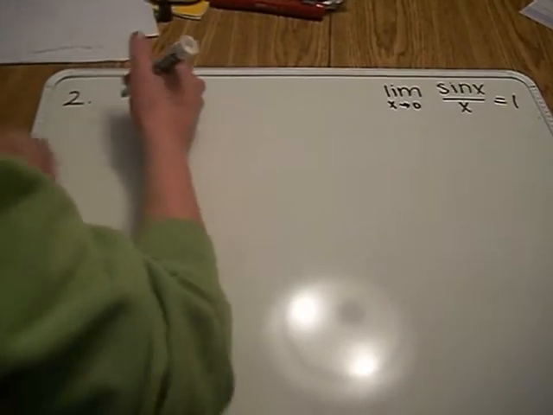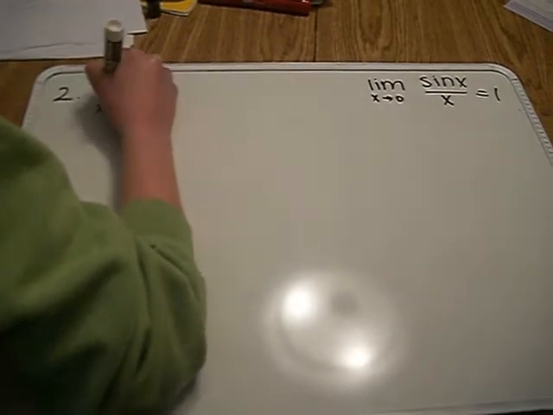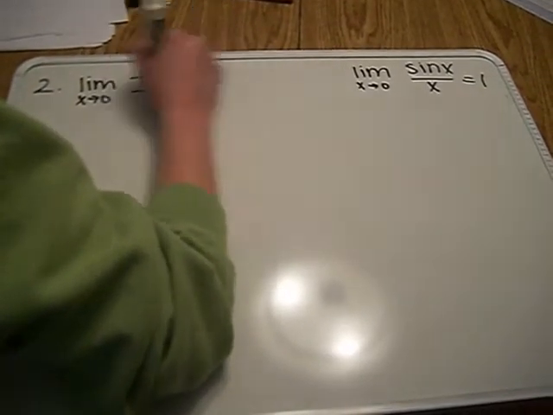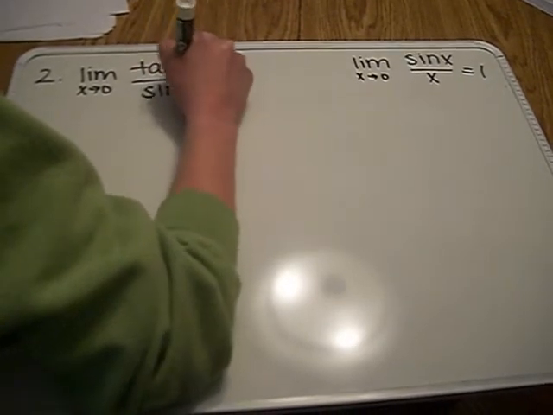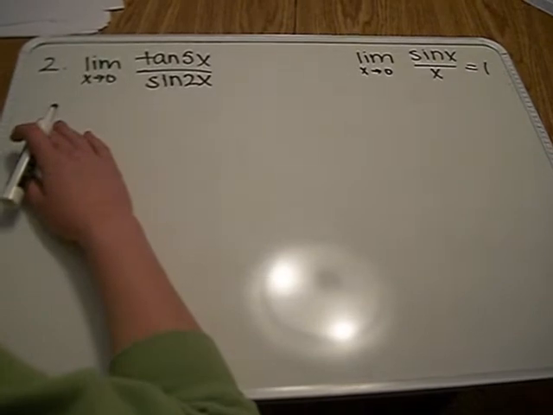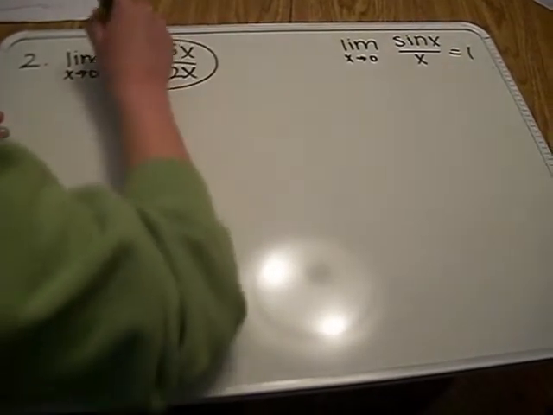Alright, our second problem is the limit as x approaches 0 of the tangent of 5x over the sine of 2x. You might look at this and be a bit bewildered, but let's take this one step at a time. First of all, we can simplify this part.